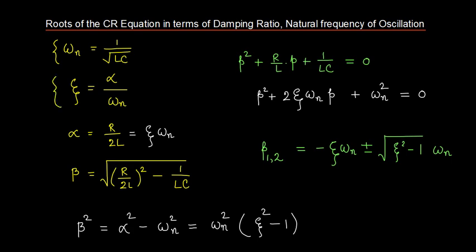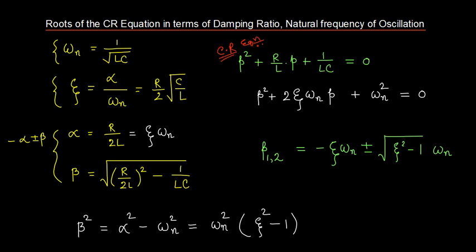This one is the damping ratio zeta given by alpha by omega n, and its value we have obtained as R by 2 under root C by L. And minus alpha plus minus beta are the roots of the equation, where alpha is given by R by 2L and beta equals under root (R by 2L) whole square minus 1 upon LC, as we have obtained earlier.